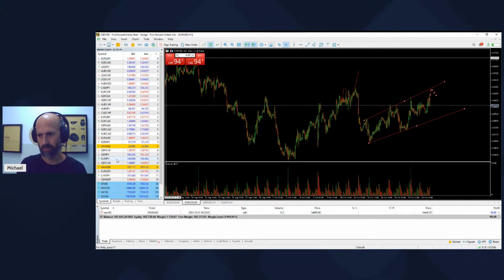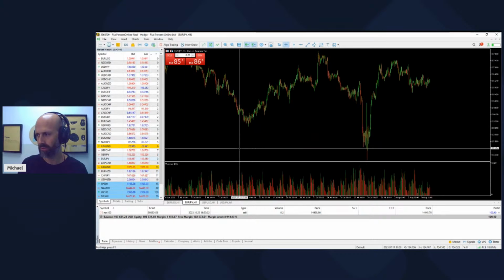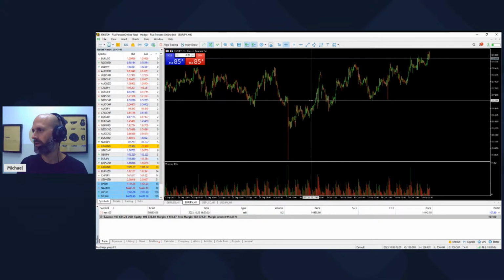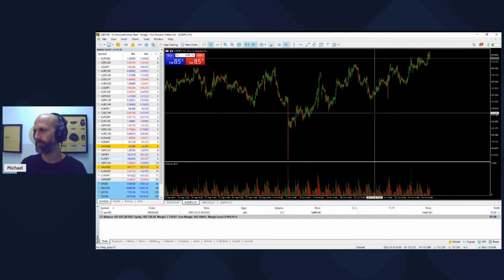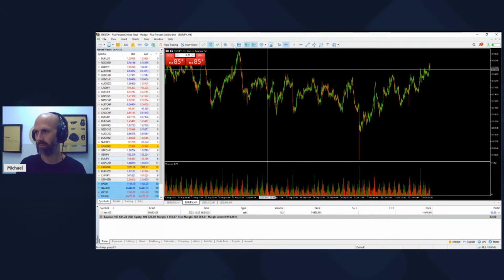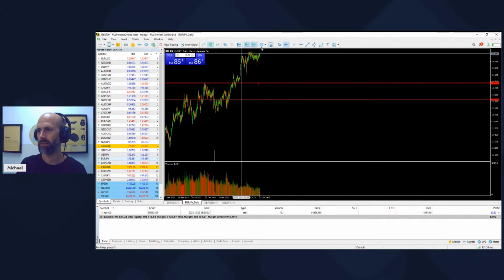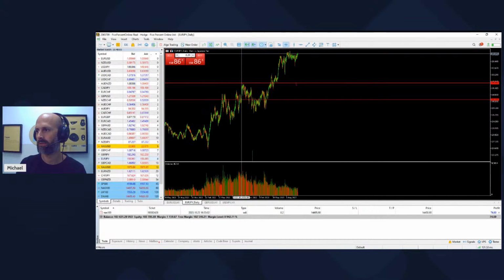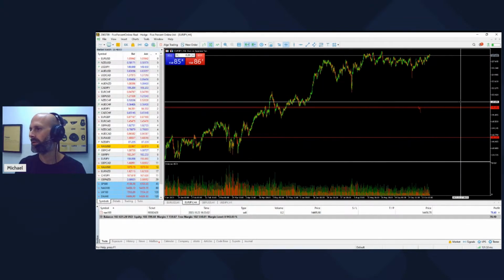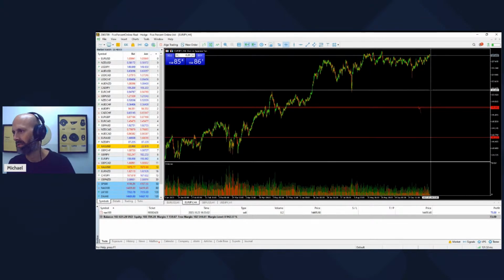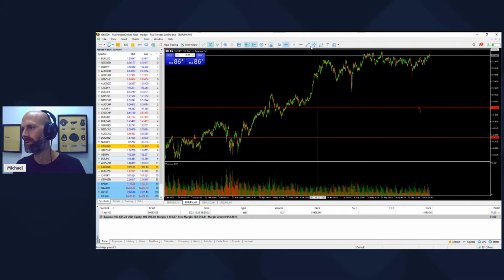Euro yen. That's a great pair to trade. Let's see if we have something here. Okay, hourly is kind of dead. Okay, so we're still in the range here.